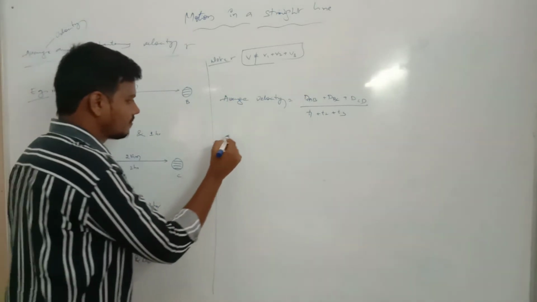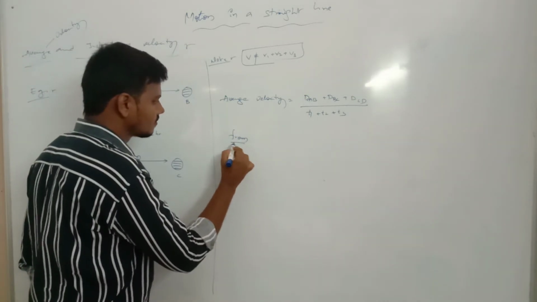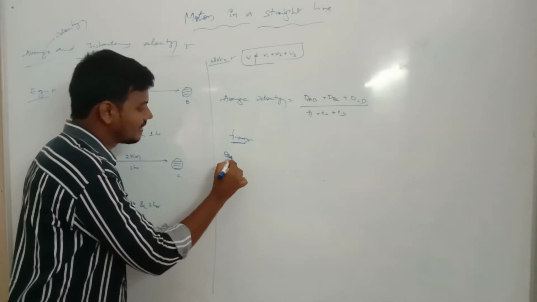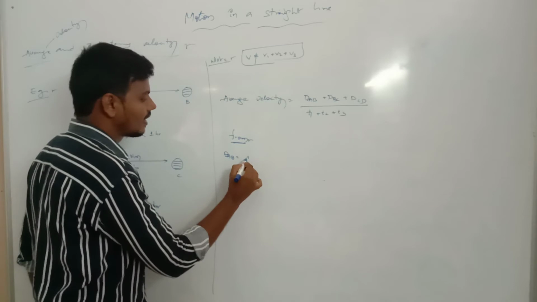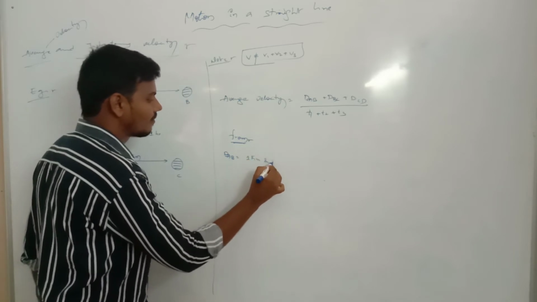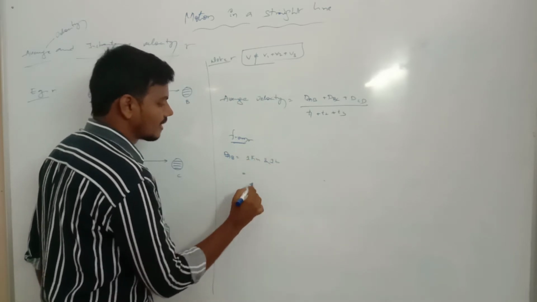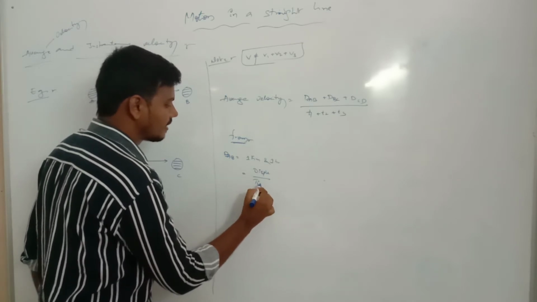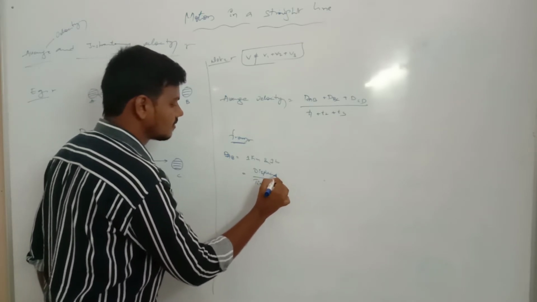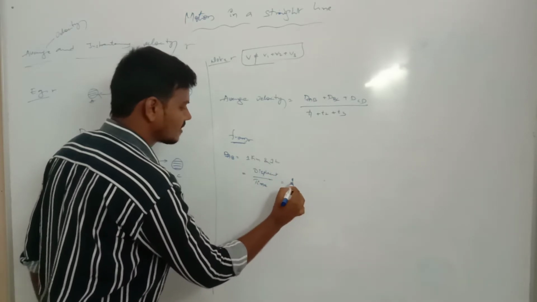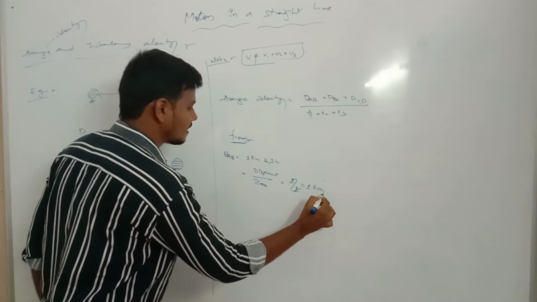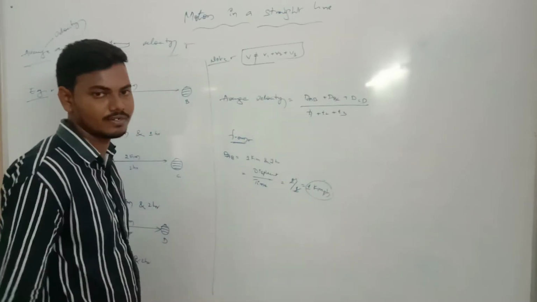From the distance of AB, it is always 1 kilometer and 1 hour. The displacement by time period: how much displacement? 1 by 1 is equal to 1 kmph, kilometer per hour. This is the first one.